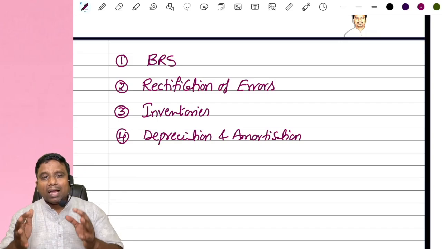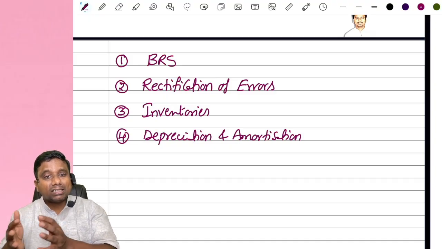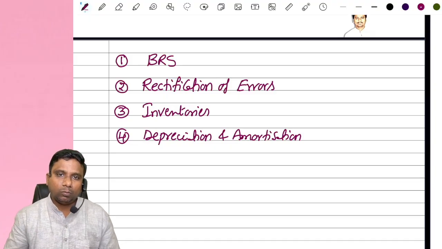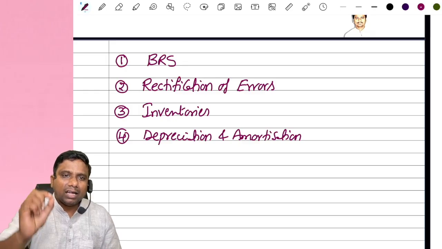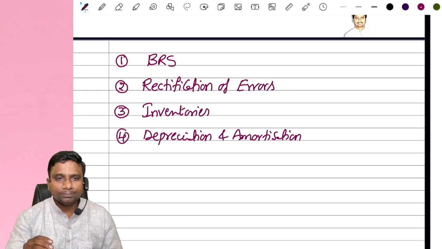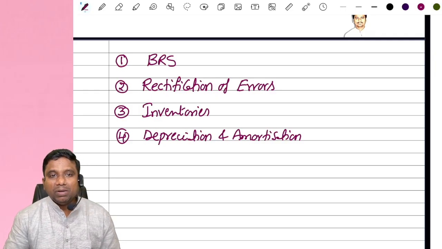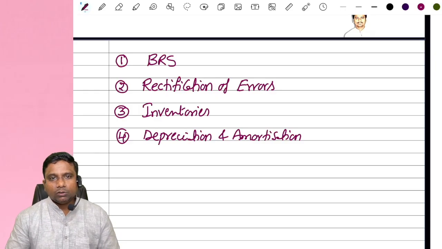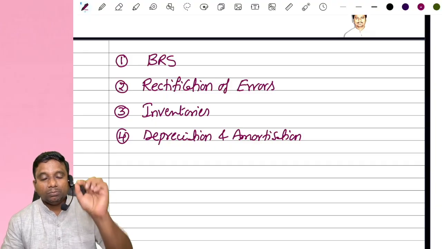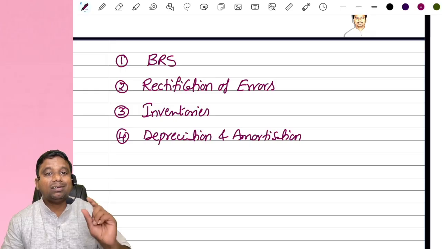So here I have given a unique strategy for starting and ending the problem. Initially we are uploading these four chapters. After that we will start uploading the remaining chapters also. Is it clear, students? These chapters, BRS, rectification of errors, inventories, depreciation and amortization, are damn sure questions in the exam.